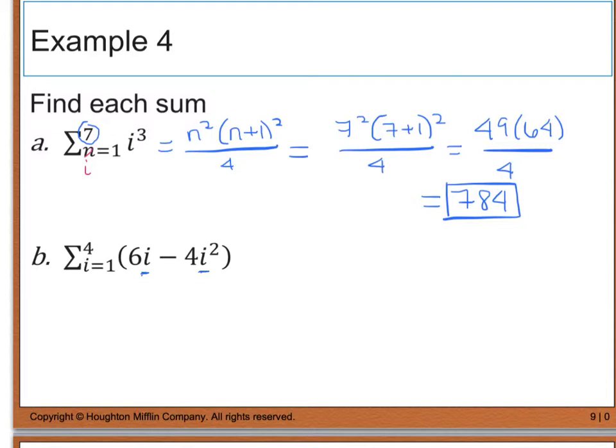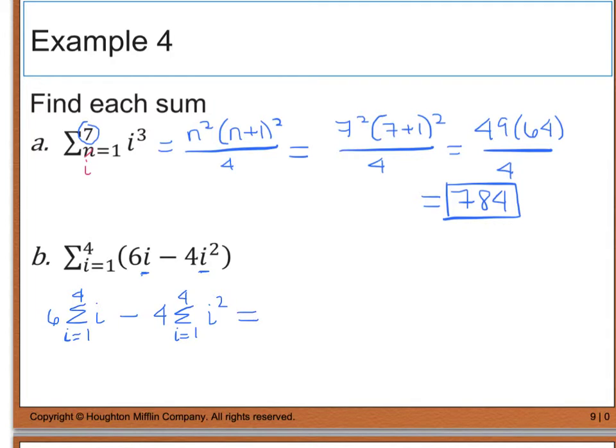And we can do that by factoring out the 6 up front, and I'm still going from i equals 1 to 4 of i, and then I'm going to subtract 4 times the summation from i equals 1 to 4 of i squared.